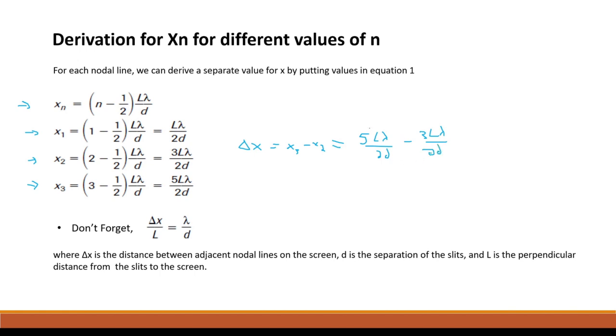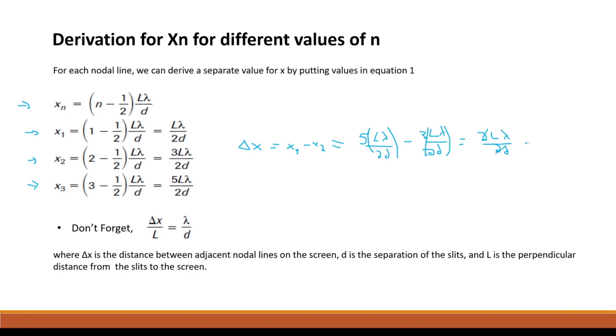And so these are the same, numerator and denominator. We're really just taking 5 of something minus 3 of something, and so we get 2L lambda over 2d.